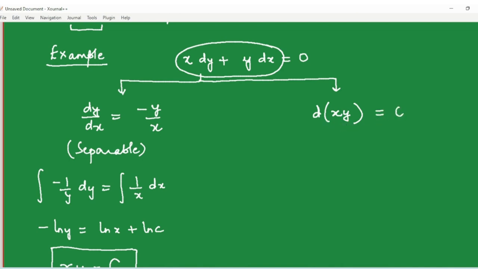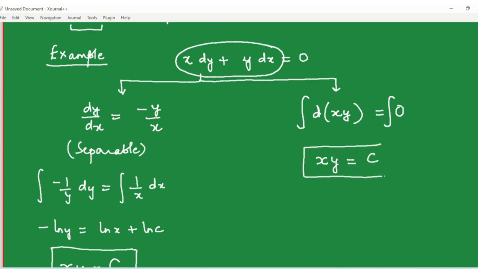So this differential equation can be rewritten like this, and for such differential equations, we know that the differential and the integral operator are inverses of each other. So we can straight away integrate both the sides after rewriting this differential equation in this format to obtain the answer. The integral of the derivative of xy obviously happens to be xy, and the integral of 0 is the constant of integration, which we can denote by c.